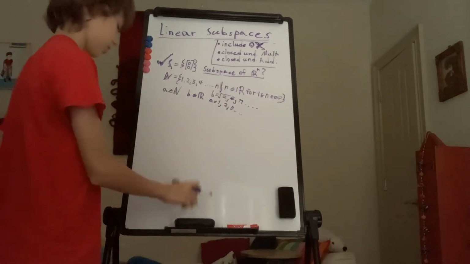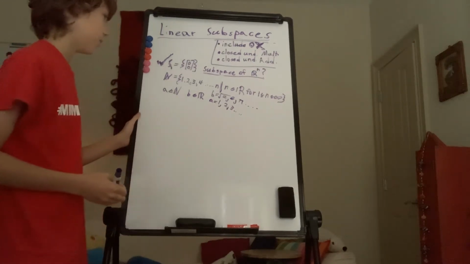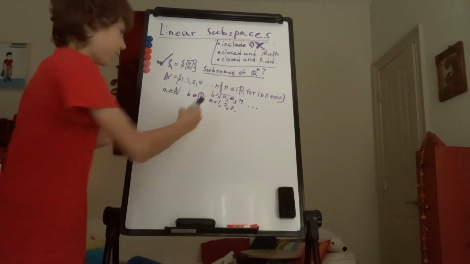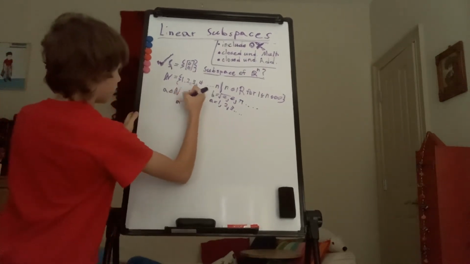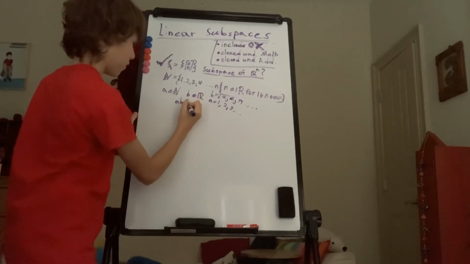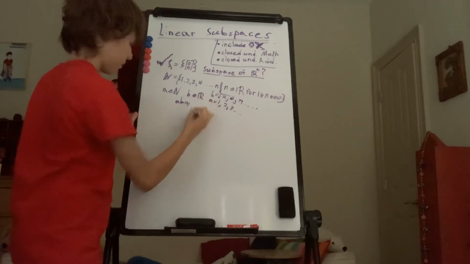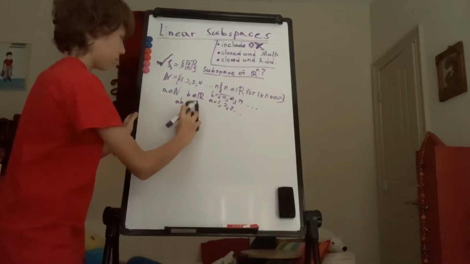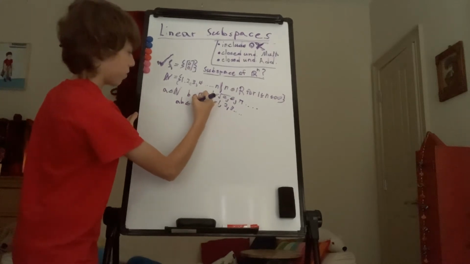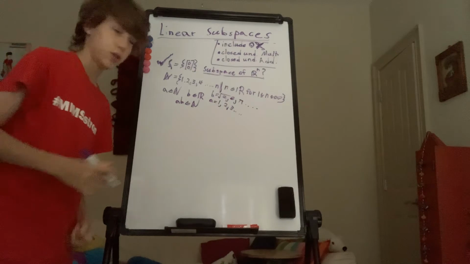We can't just state that if we find the product of A and B, that it's not a member of the natural numbers, because there are some exceptions.